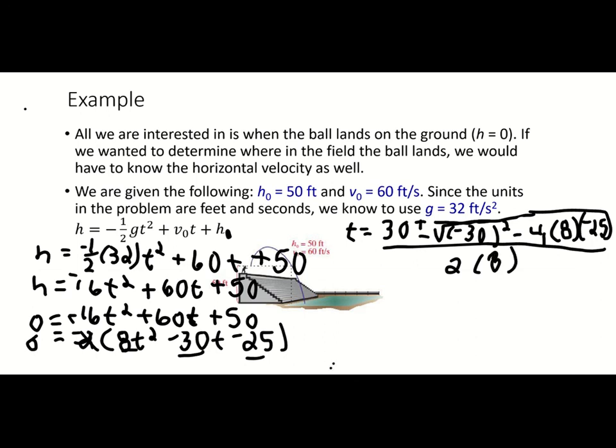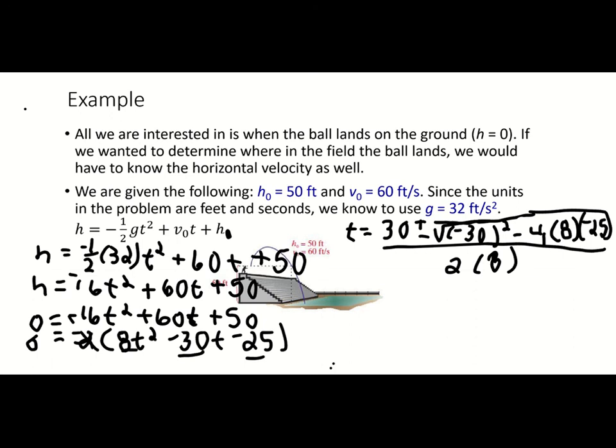I'm kind of running out of room here, but we would simplify that. We would end up with t equals 30 plus or minus the square root of 1700, divided by 16.